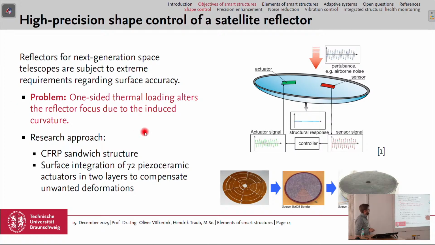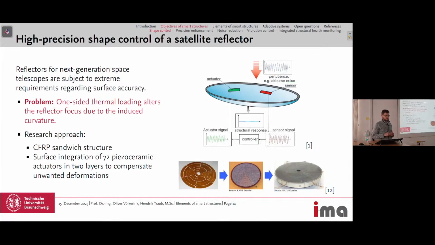The challenge or the problem is the one-sided thermal loading of this satellite reflector, which alters the reflector focus due to the induced curvature. And the research approach was to have a CFRP-centric structure with integrated piezoceramic actuators, which then can deform the reflector itself and compensate for the unwanted deformations.